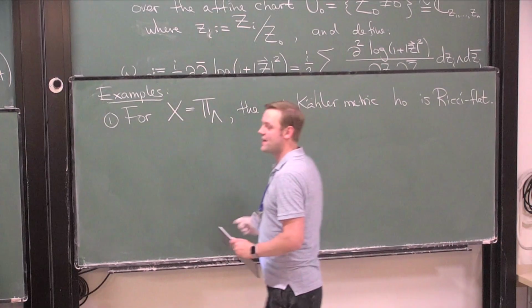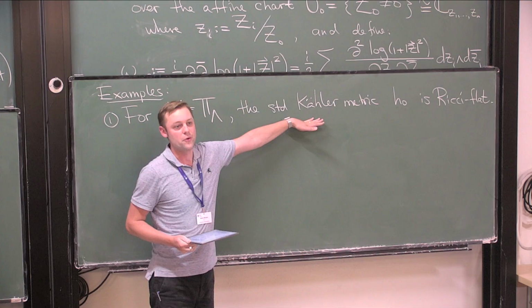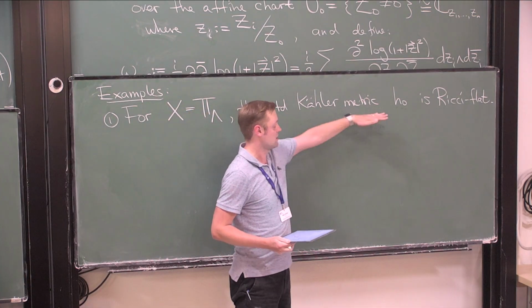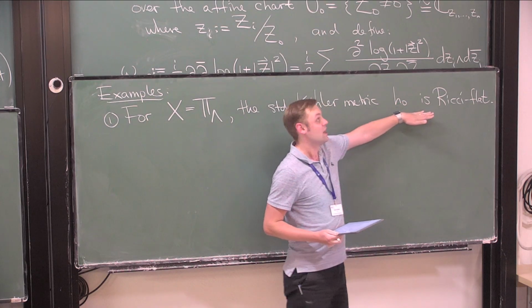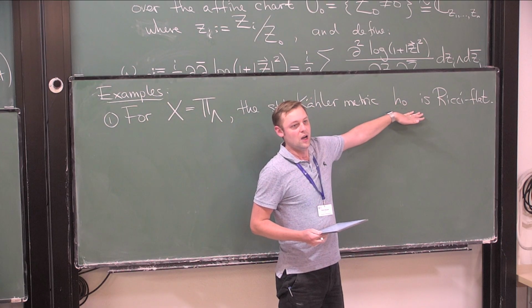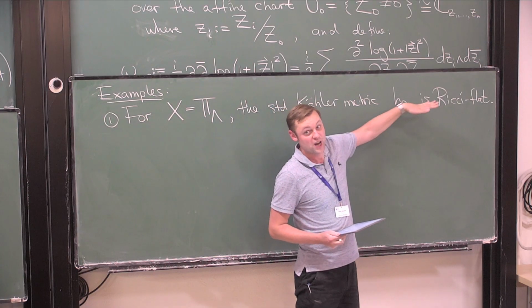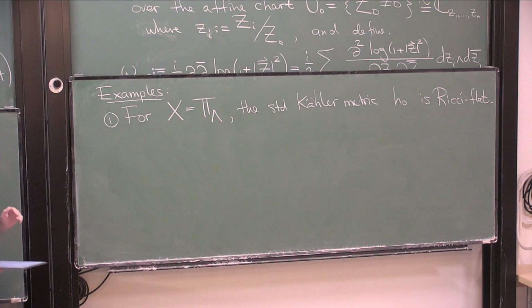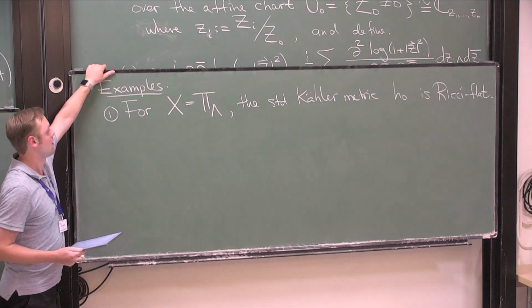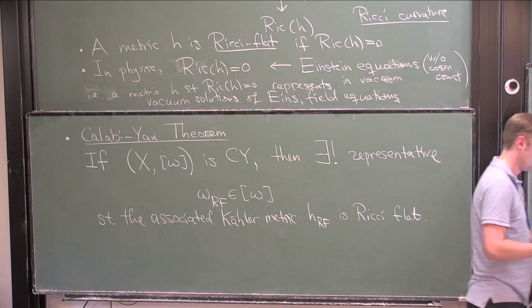But the reason I wanted to carry this example through is precisely because of this statement: the fact that I've given you a Calabi-Yau manifold with an explicit metric which happens to be Ricci flat is a kind of incredible accident, just because of the simplicity of these complex manifolds.